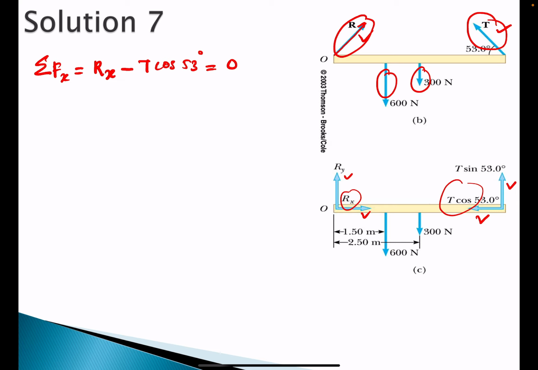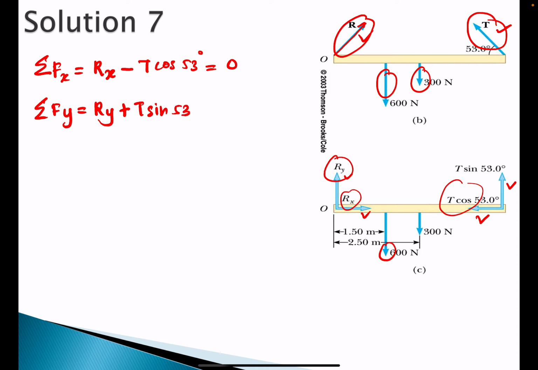What about the Y component? The Y component equals Ry, also plus T sine 53, and what else?